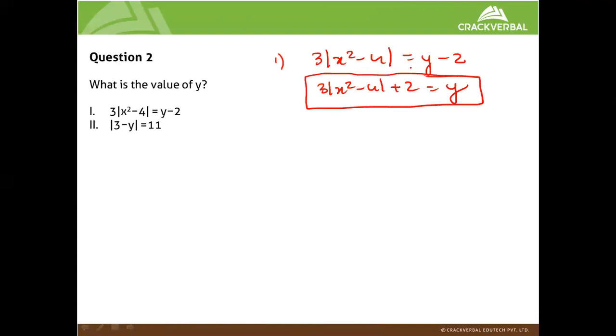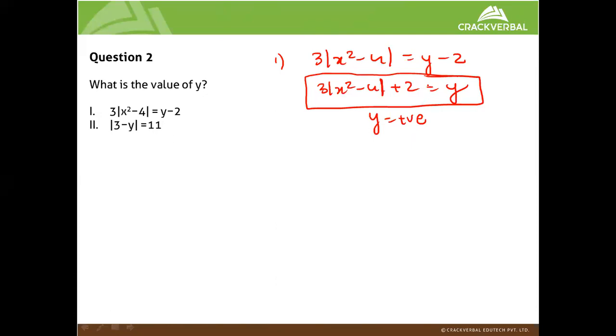Because just looking at this entire statement, I know that y has to be a positive quantity, or in other words, y has to be a value which is definitely greater than 2, isn't it? I'm analyzing this entire question here. Everybody okay with what I'm saying?